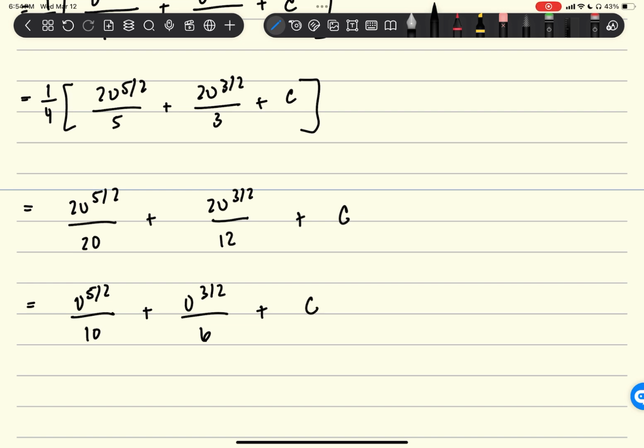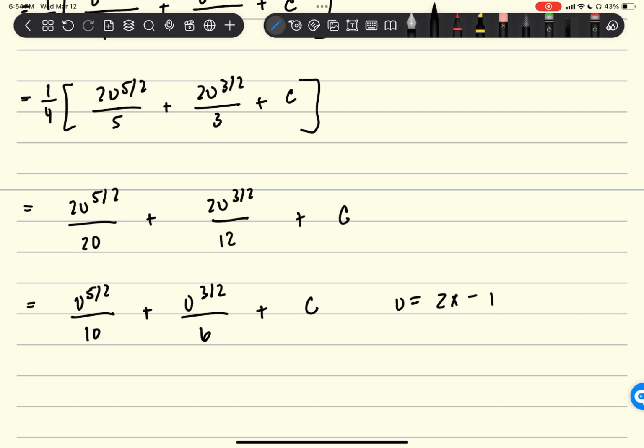Now, this answer is incomplete. The reason why is because u in the first place is just a substitution. So we have to reintroduce the original value for u. Remember from the beginning that the value for u was 2x minus 1.